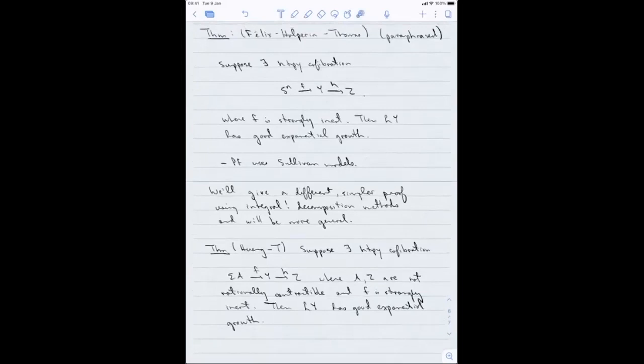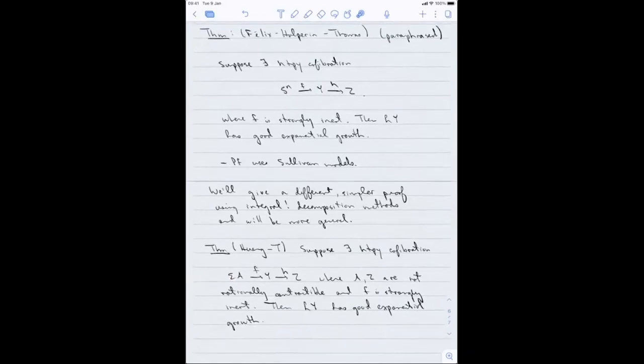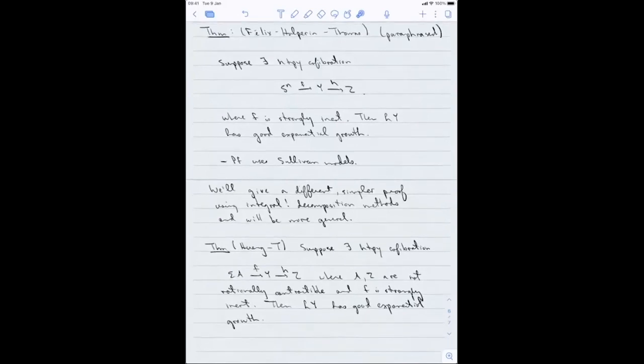So in comparison to the Felix-Halpern-Thomas theorem, we replaced the sphere by a suspension, and we're drawing the same conclusion. We'll give a different argument, right? And as I say, one that uses integral decomposition methods rather than the rational Sullivan model. This is kind of surprising.